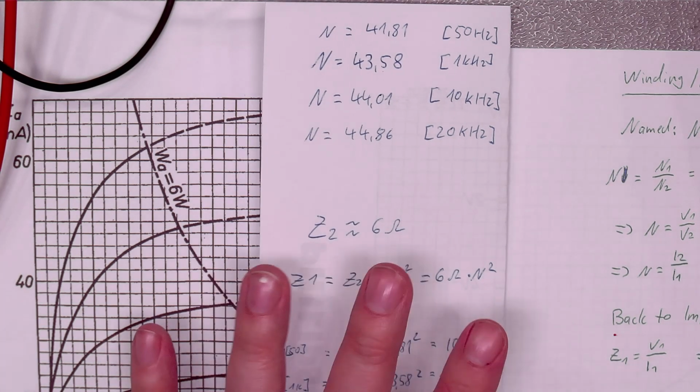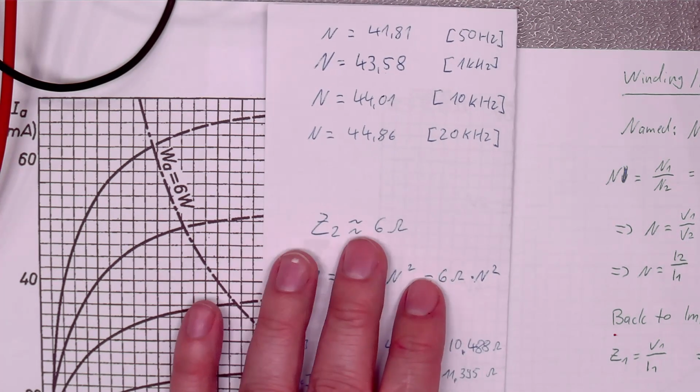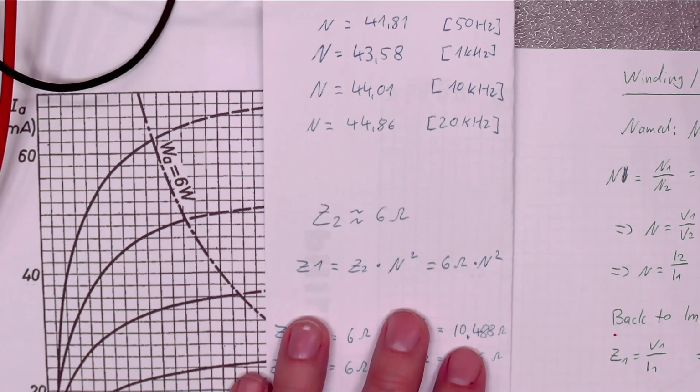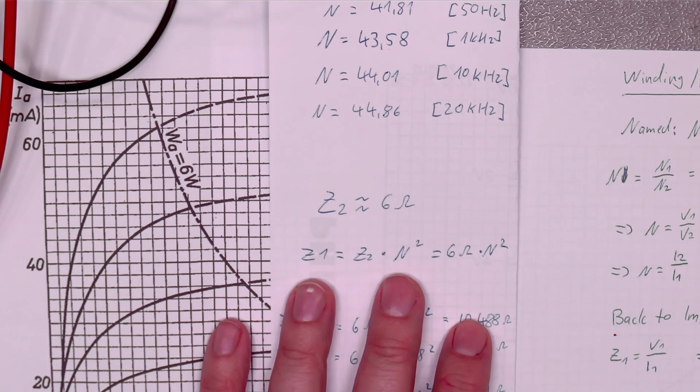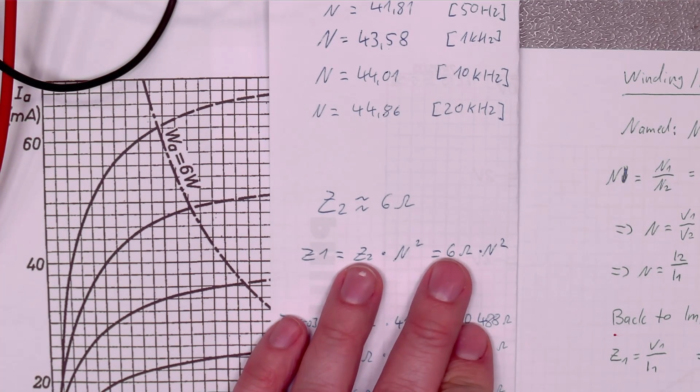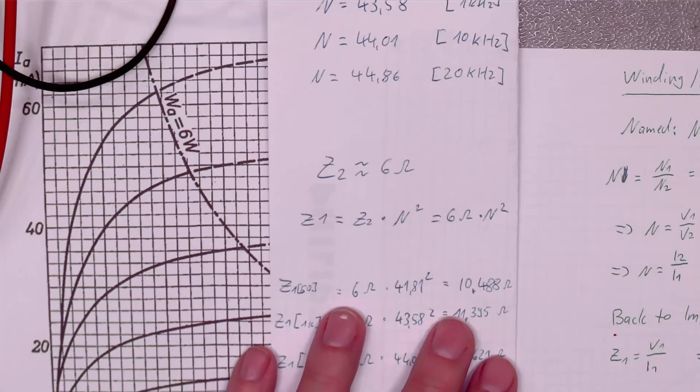But let's just do a middle way kind of thing and assume 6 ohms. So we have the formula, Z1 is Z2 times the turns ratio squared, which is of course 6 ohms times the turns ratio squared.